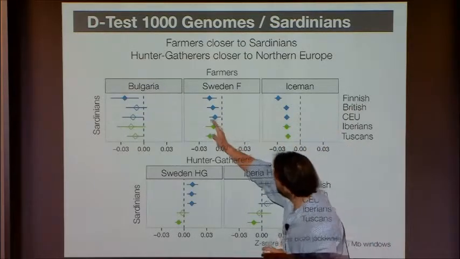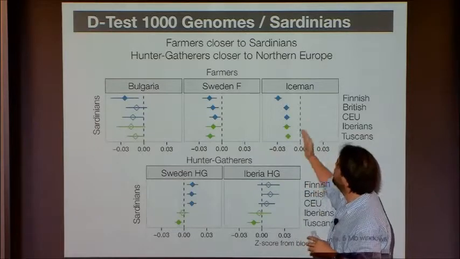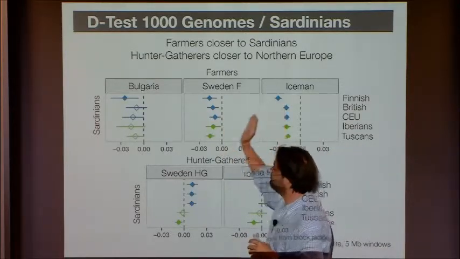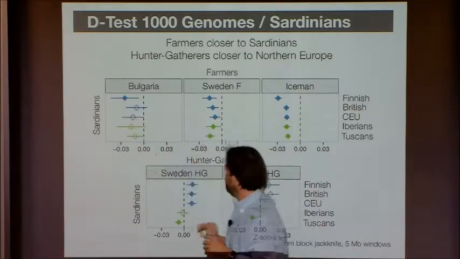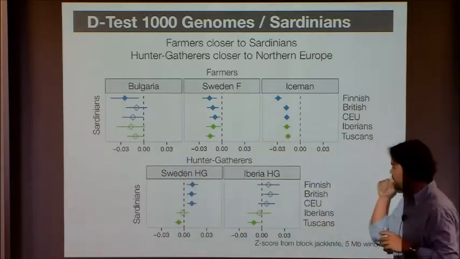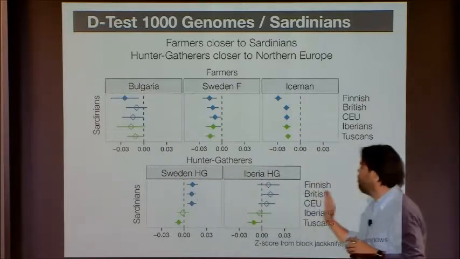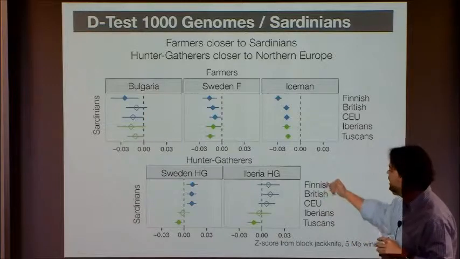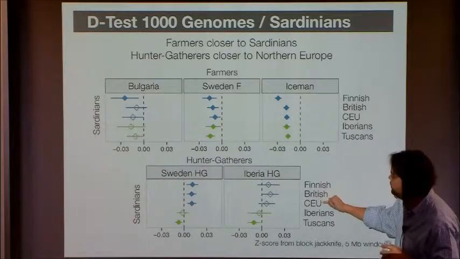The farmers, be they the Swedish farmers, Iceman or our Bulgarian, cluster more with the Sardinians than the hunter-gatherers do, and the hunter-gatherers trend towards where the samples were taken. Both the Swedish and the Iberian hunter-gatherers are closer to the Finns, Brits, and CEU.